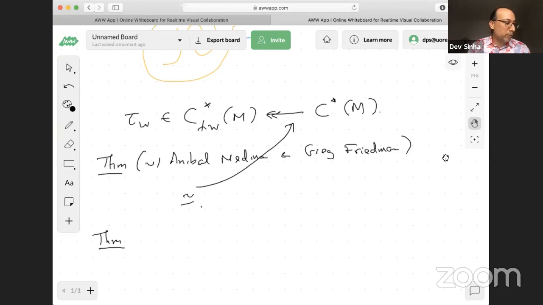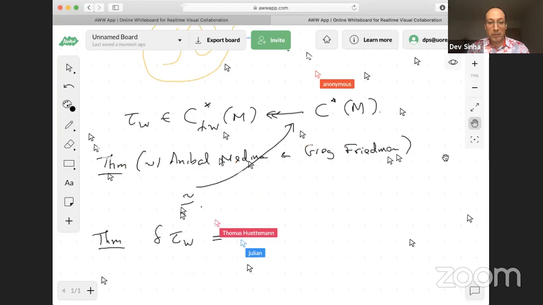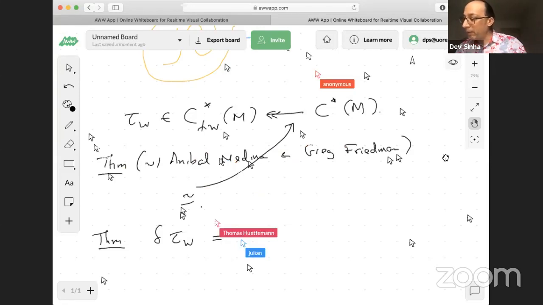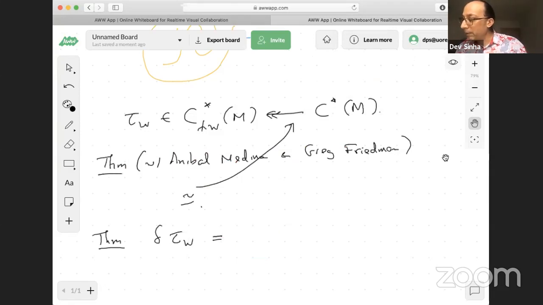The other key proposition or theorem that gets you going pretty fast is that the coboundary of one of these things is, I'll let the audience ponder for a moment, what should this be? Nothing else but, oh, that's interesting. I've not seen AWW behave in that way before with so many arrows, but hopefully it will behave.